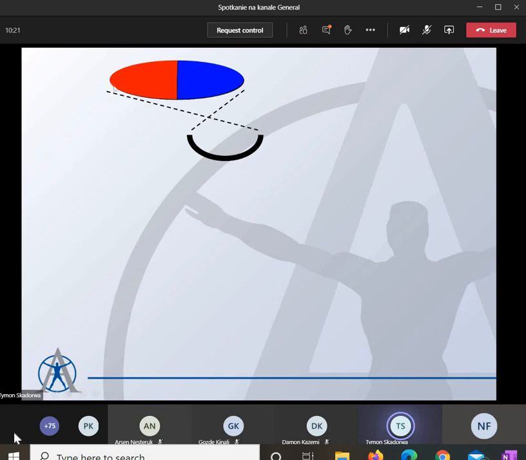Now, these sides of the visual field are reflected in the retina of the eyeball, so that the right side projects on the lateral aspect of the retina in the right eye. We call it the temporal part of the retina, or lateral part, and the left side of the visual field projects to the nasal part of the retina.